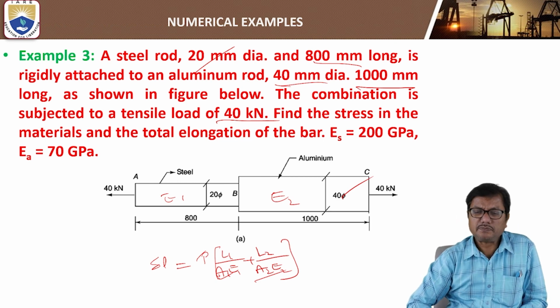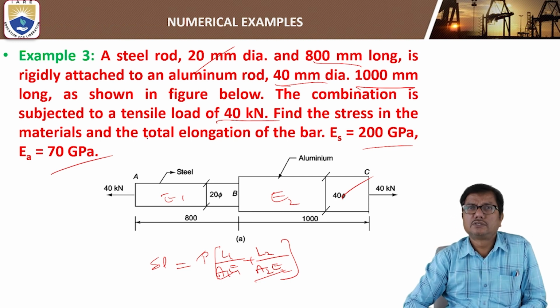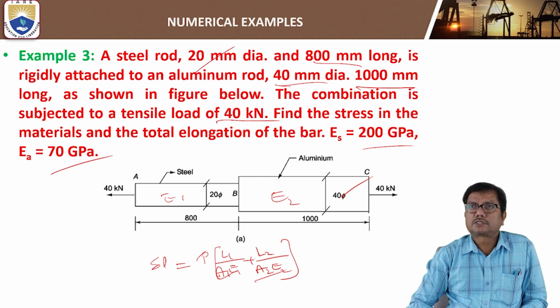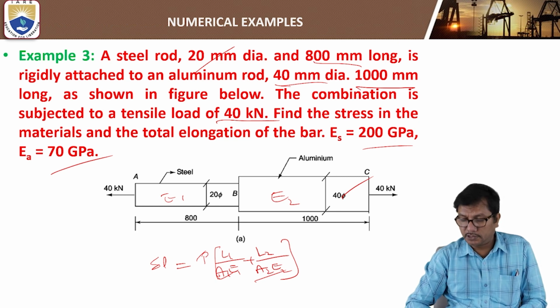And Young's moduli are given: 200 gigapascals, that is 10 power 9 pascals. It comes out to be 2 into 10 power 5 megapascals, and E for aluminium is 7 into 10 power 4 megapascals.